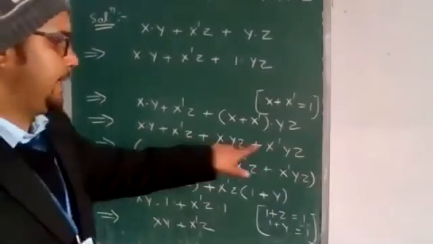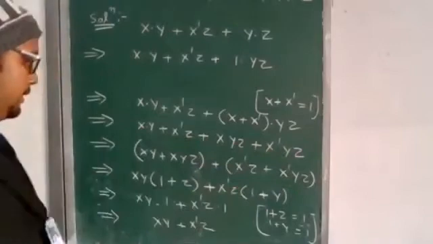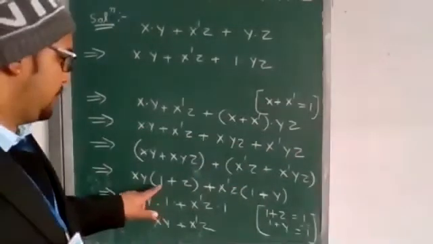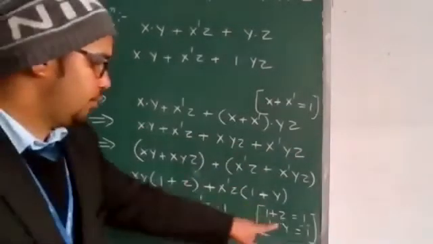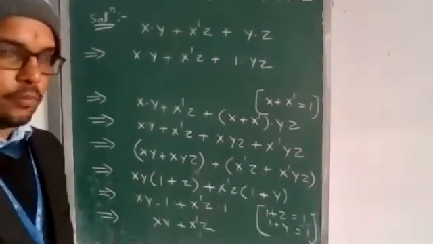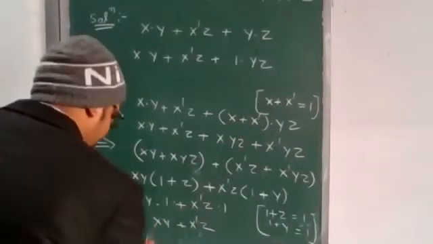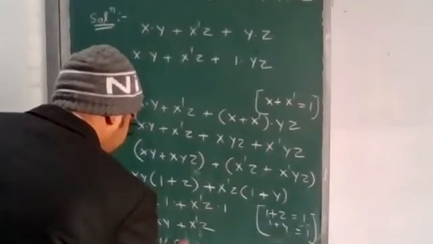Similarly, x complement z and x complement yz, both x complement and z are common here. Then we know the property 1 plus z equals 1 and 1 plus y is also 1. Then the final result is xy plus x complement z, means left hand side equals right hand side.